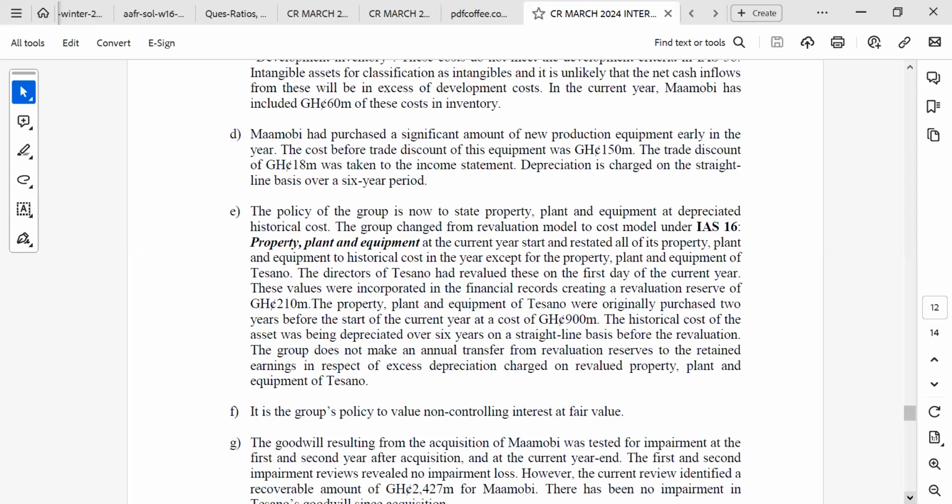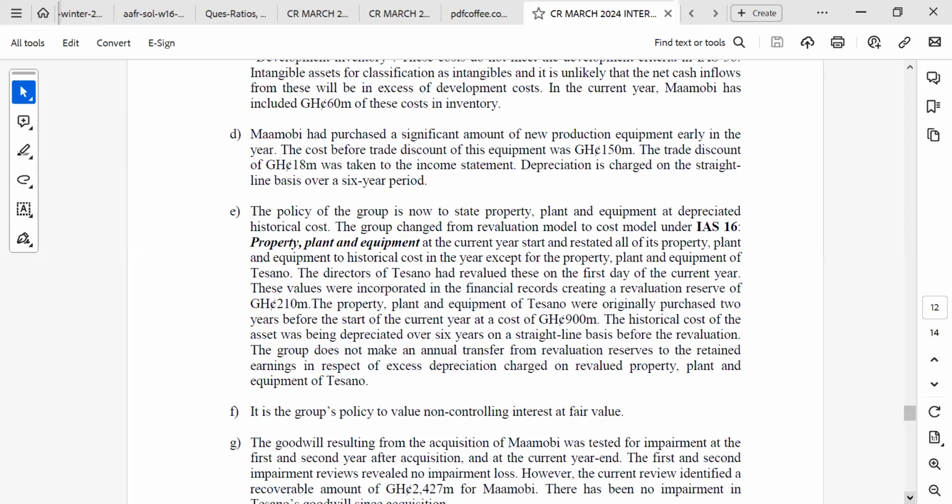You can see that for D, we have dealt with PPE. For the C, we have dealt with intangibles, IAS 38. And the E over here, we are still coming to deal with PPE and also change in accounting policy, which is the IAS 8. So you have to be on top of your standards. It's very important. Let's take the E.